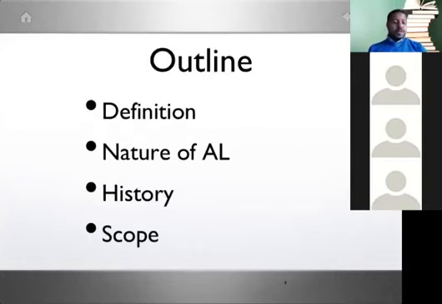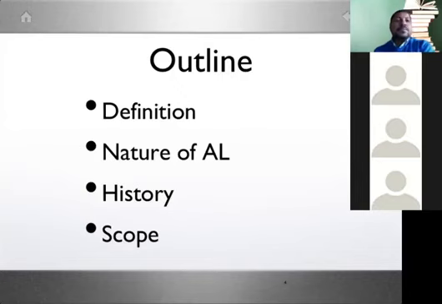So in this chapter, we will look at some definitions of applied linguistics. When we look at some definitions, our objective is for you to understand the concept of applied linguistics and also for you to be able to define the field in your own words.